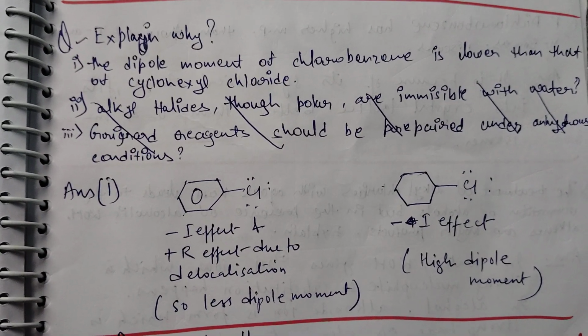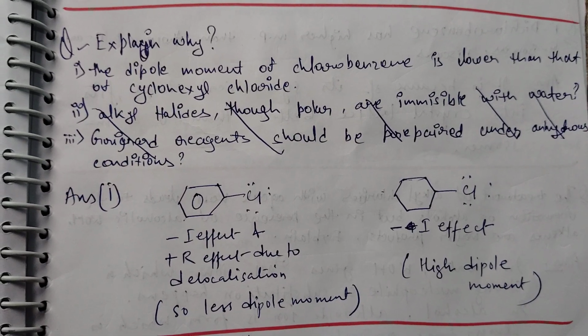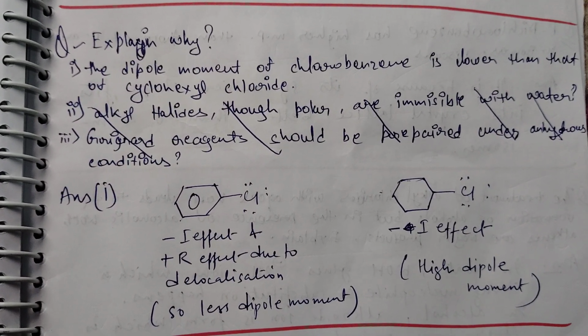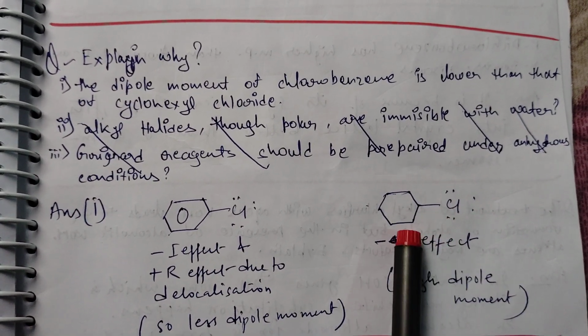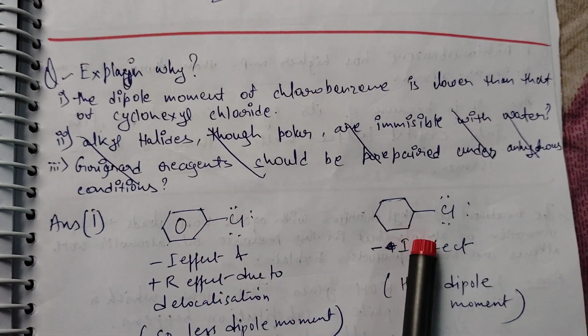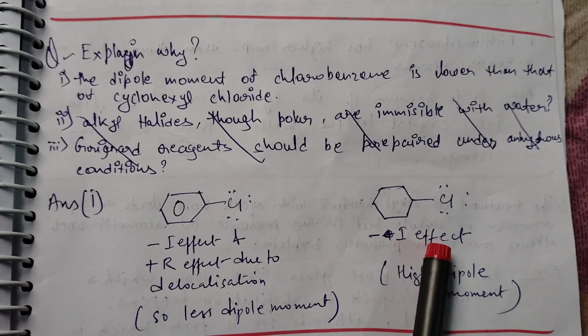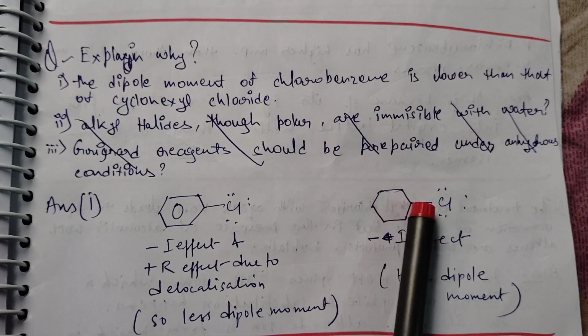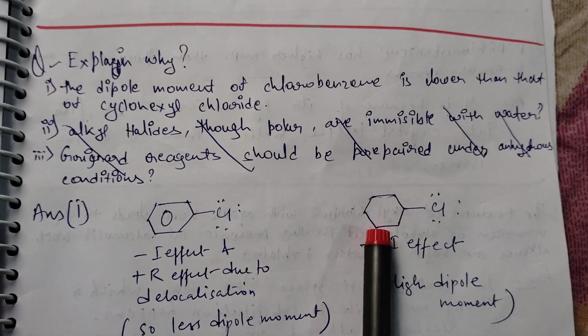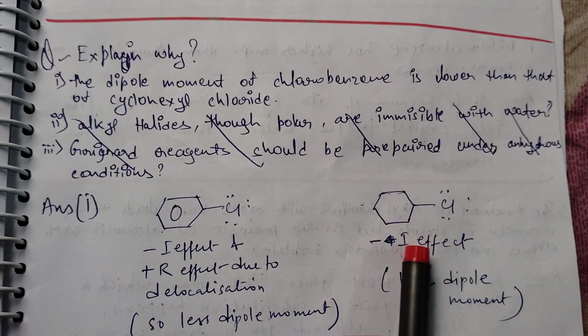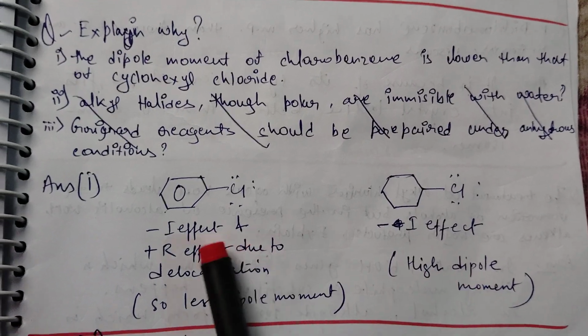Next question, the dipole moment of chlorobenzene is lower than that of cyclohexyl chloride. First you draw the structures. In cyclohexyl chloride, you can show the minus I effect. This chlorine is pulling the electrons towards itself, so the dipole moment is along the direction of chlorine.